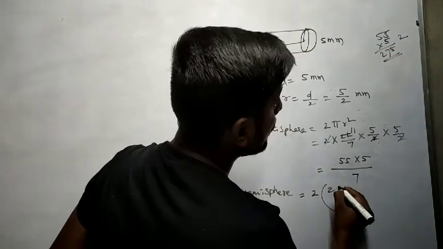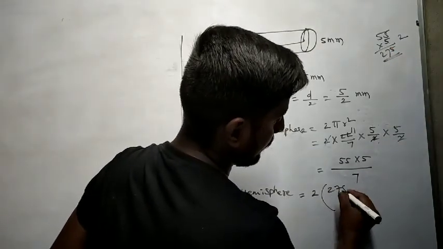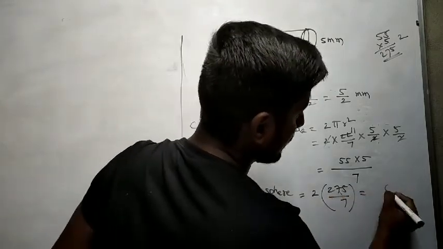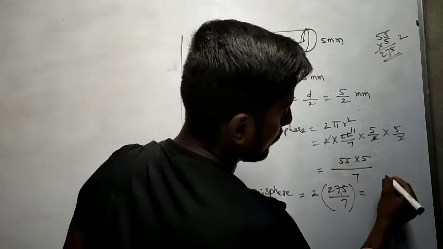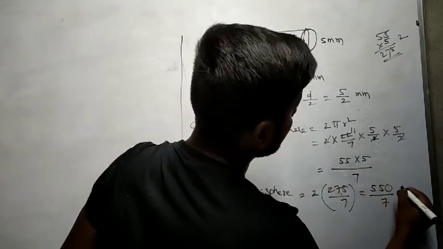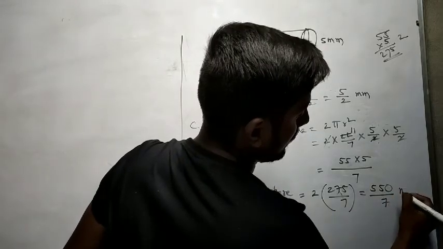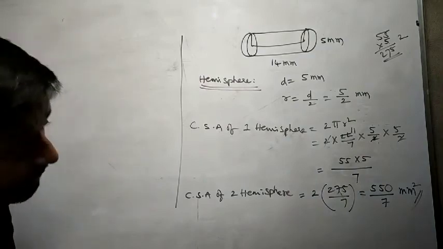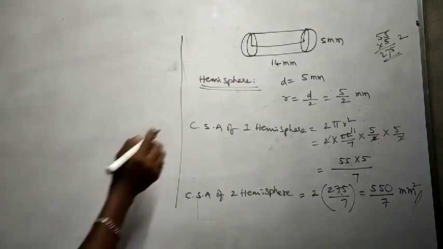So simple, 275 by 7, multiplied by 2 is 550 by 7 centimeter square. It is the area of the two hemispheres, both ends.